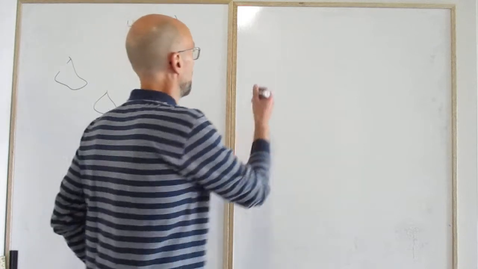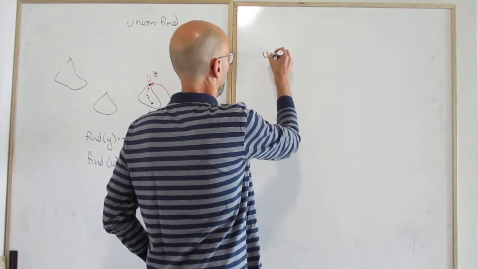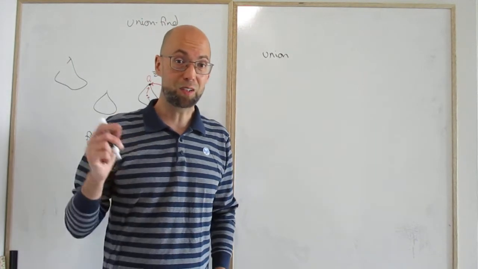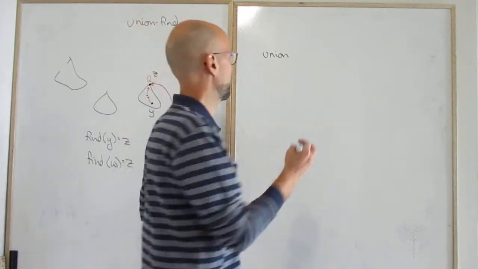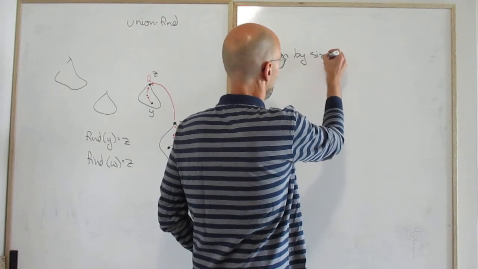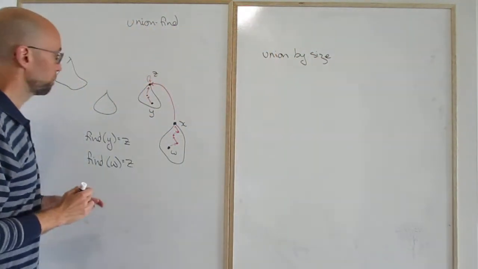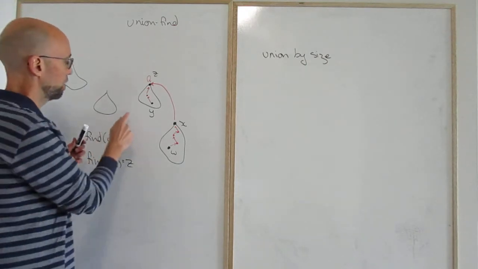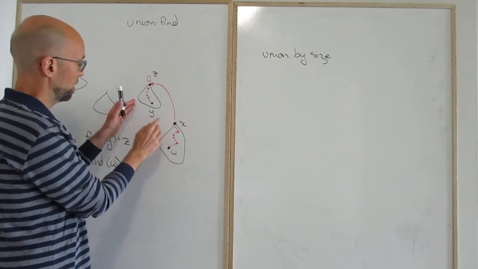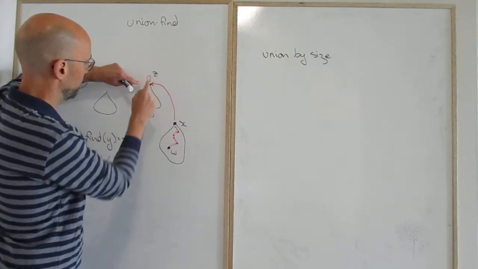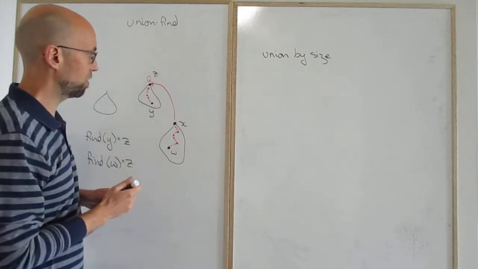Okay, so there are two tricks. One is, in the book I think it talks about union by rank. I'm just going to say union by size. So suppose I always take the smaller tree when I do the union, and I'm thinking about whether I should make x point to z or make z point to x.